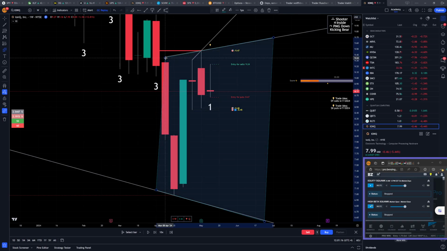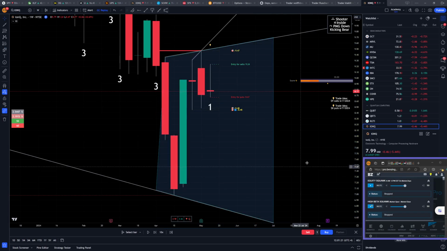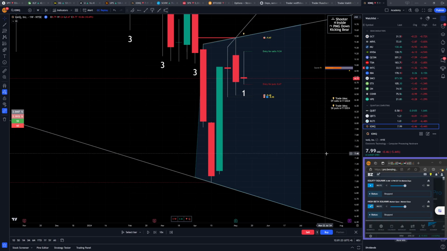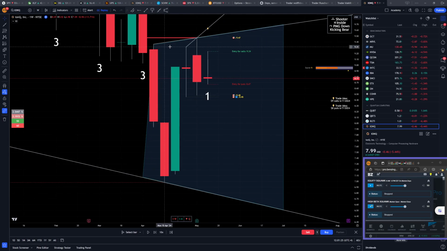So this area here becomes a playground. Based on the Strat, it's possible to go from the top of one broadening formation to the other, which is when things get real juicy and we can get multi-100%, 1,000% trades, or at least huge moves on the stock.